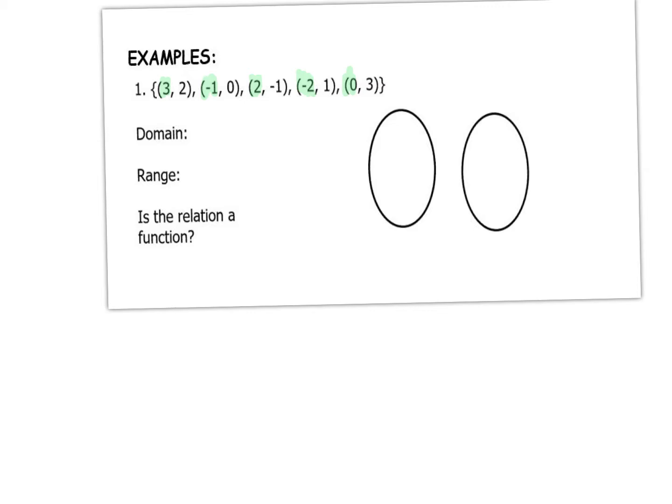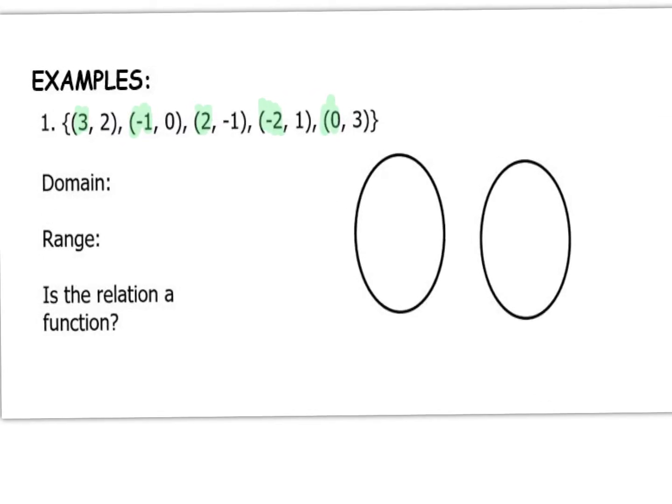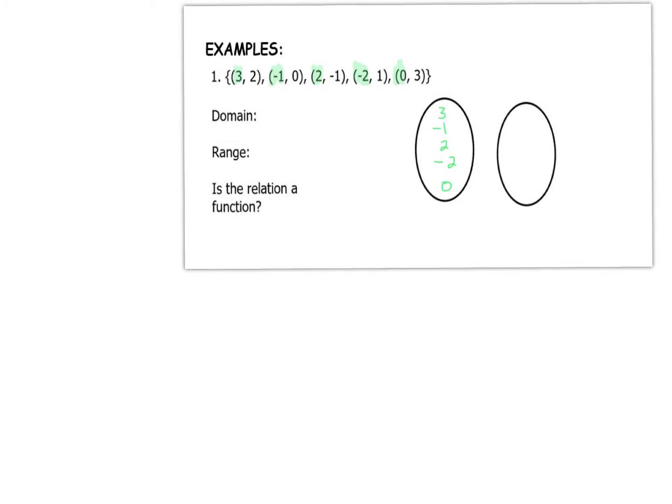If I were doing a mapping of this, as demonstrated here, we're going to have our 3, a -1, a 2, -2, and 0. Then we had our range values.